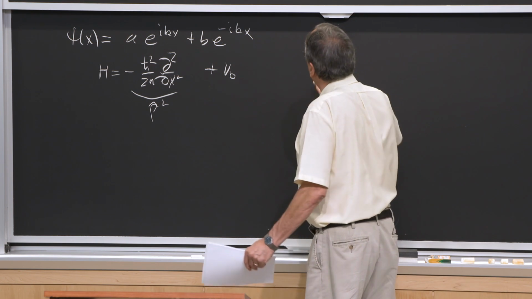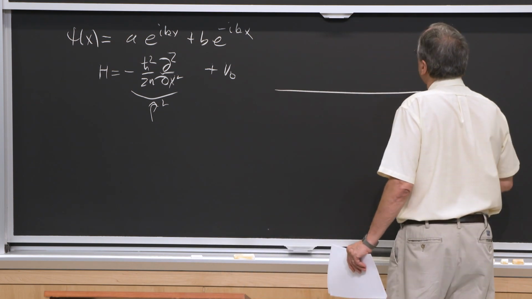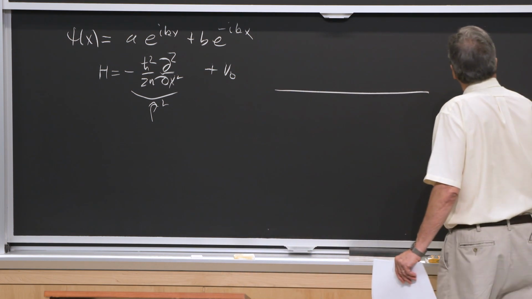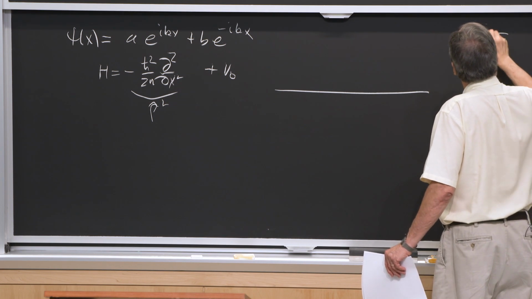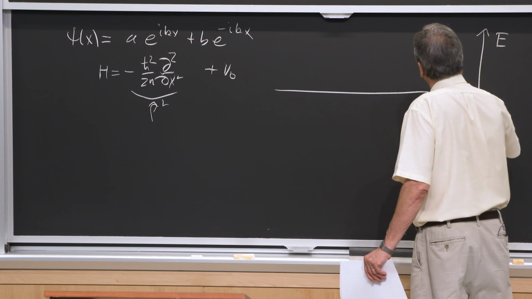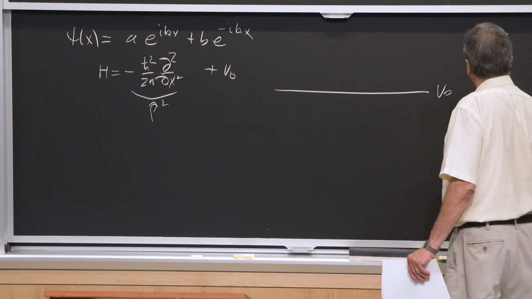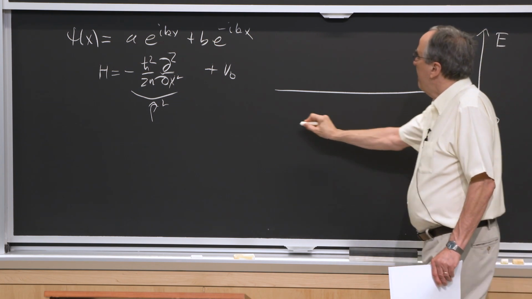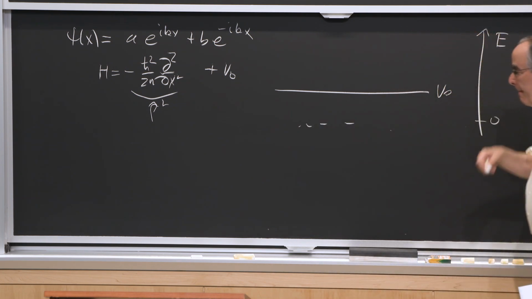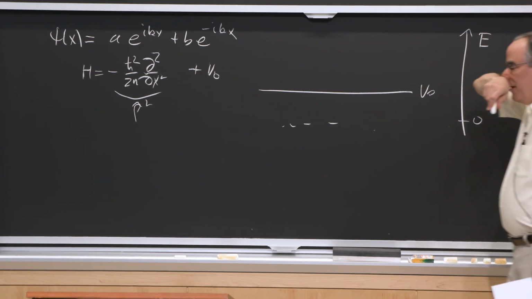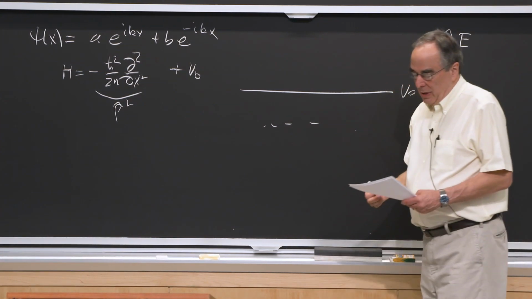All right, so let's draw a little picture here. Here is energy, and this is V0. And let's say this is the zero of energy.